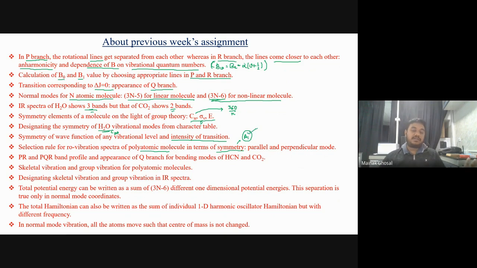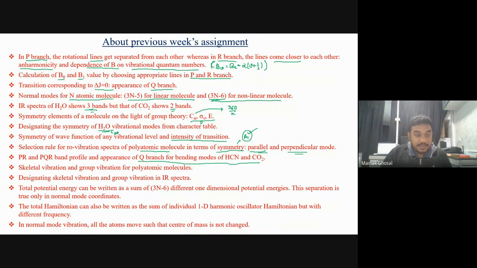If the multiplication is not giving the symmetry A1, it is forbidden. Then parallel and perpendicular mode discussion was done. This was about the direction of the dipole moment with the principal axis. And then it was observed that in case of perpendicular mode, a PQ band profile is observed. Q band is also observed mainly for bending modes of HCN and CO2.